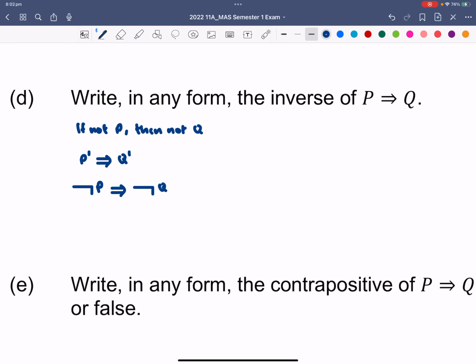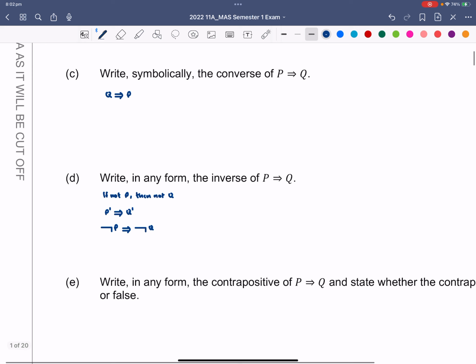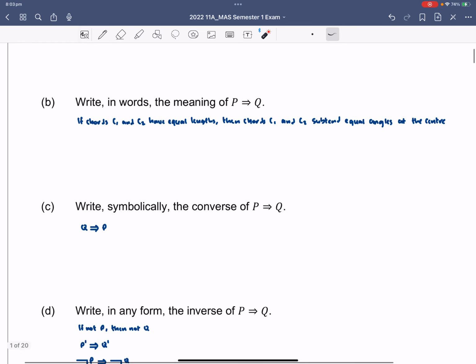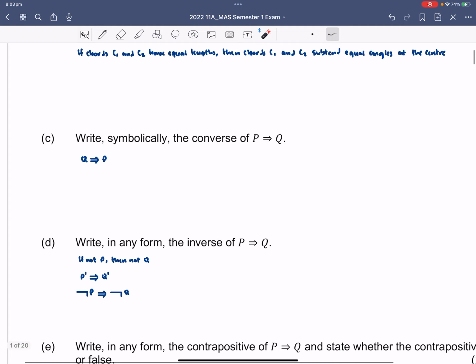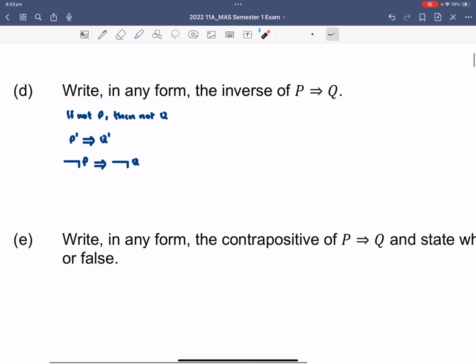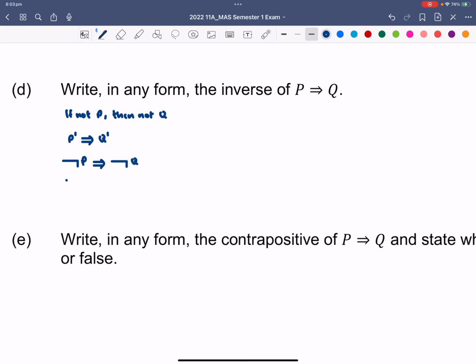Or you could have actually just related it to the question itself. Because it said in any form, you could have related it to the question. So the question basically is, if chords C1 and C2 do not have equal lengths, then they do not subtend equal angles at the center. That was also an acceptable answer.